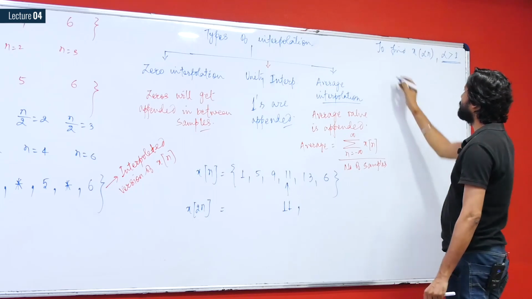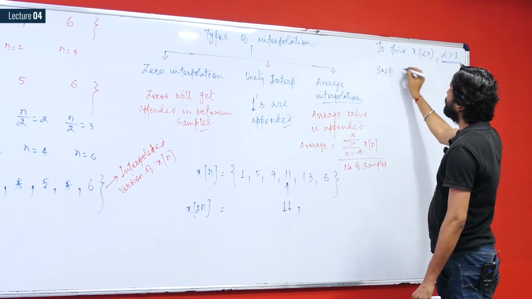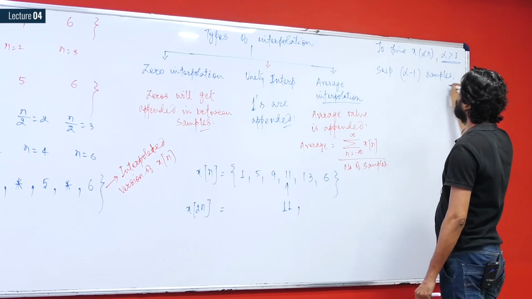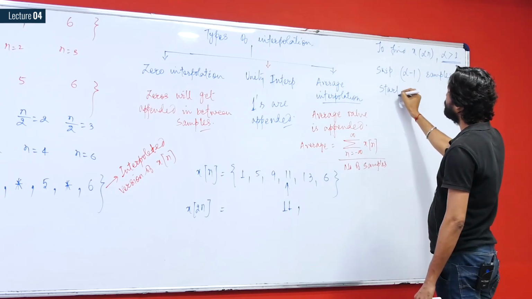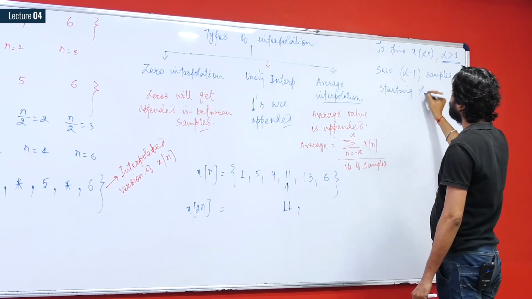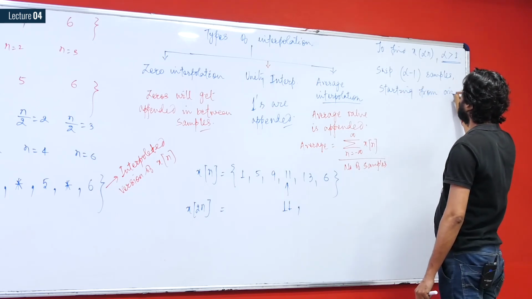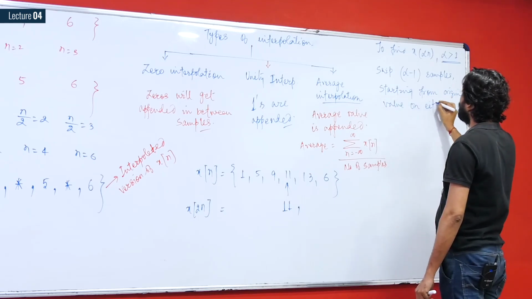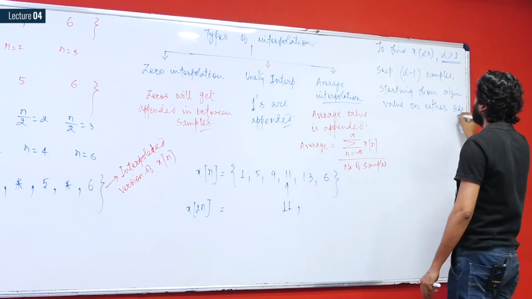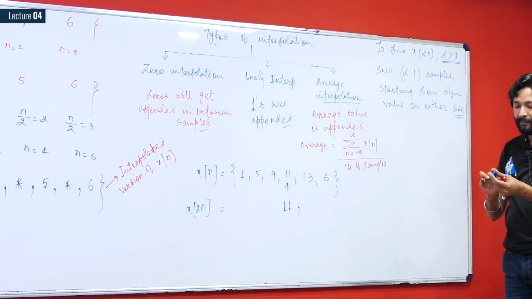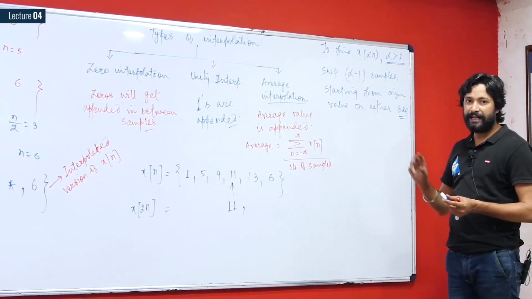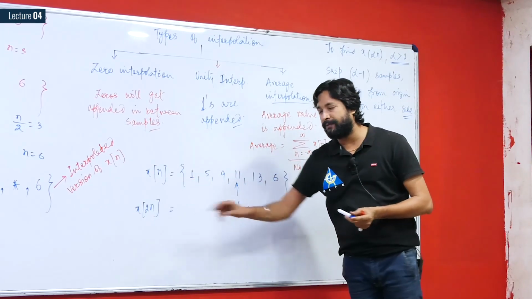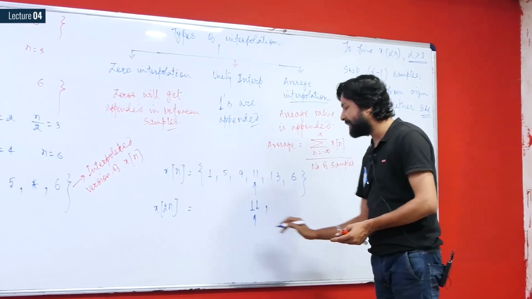What you have to do is skip alpha minus 1 samples starting from the origin value on either side. You will have to maintain the value of origin, and we have taken the value of origin same as in x of n and x of 2n.